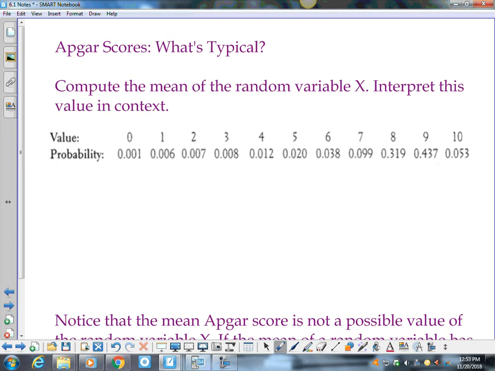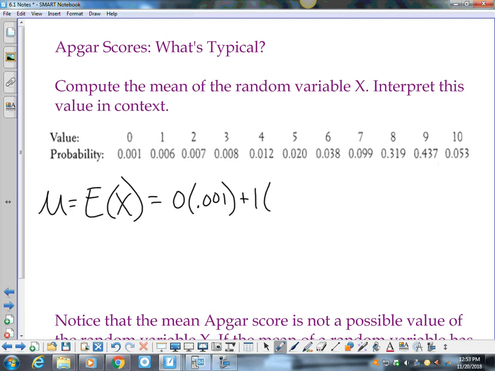Okay. So guys, here's what I want you to write, and then I'm going to show you what I want you to do. You're going to write mu equals E of x. Who is X? That's your Apgar score. Yep. Okay, now here's what you're going to do. You're going to do 0 times 0.001 plus 1 times 0.006.